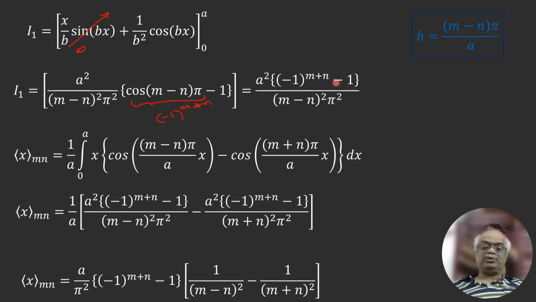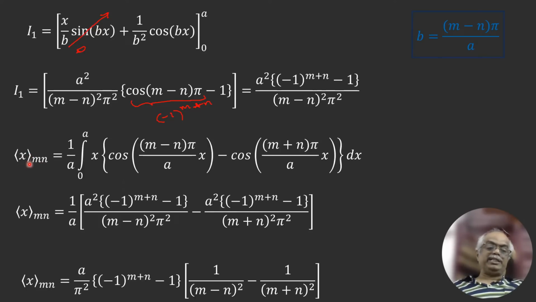This can be written as a squared times ((minus 1)^(m plus n) minus 1) divided by (m minus n) whole squared pi squared.